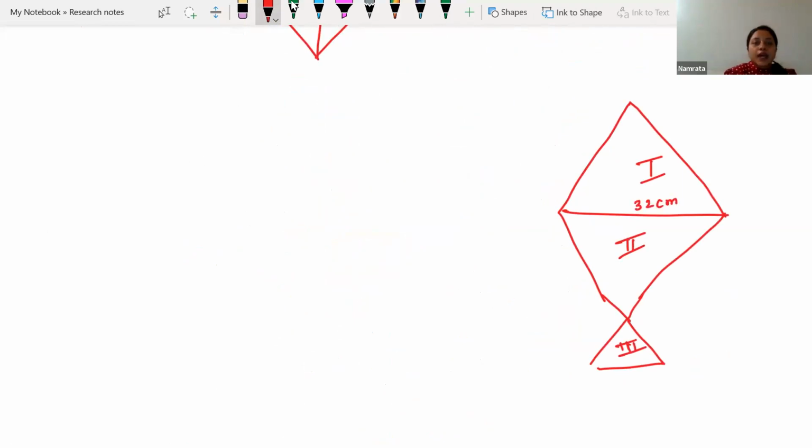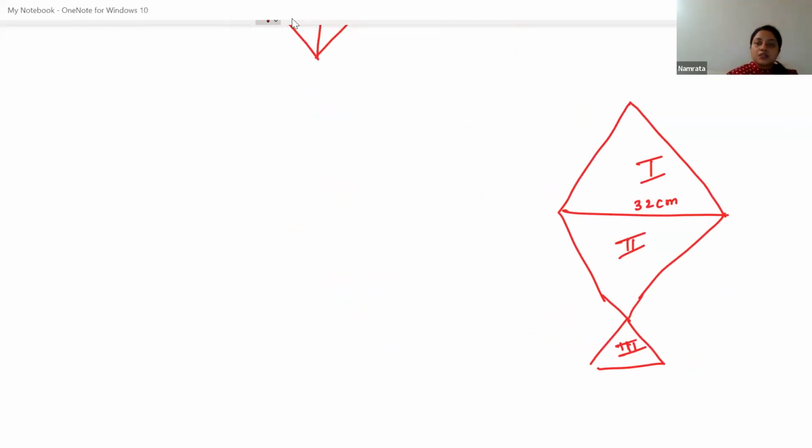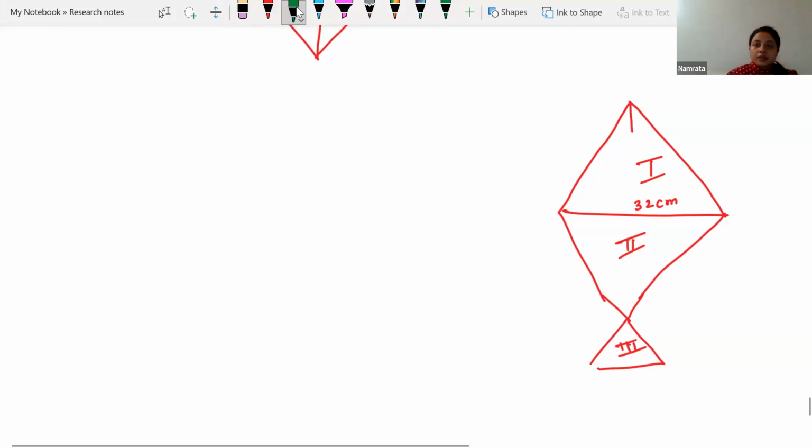So with the help of the diagonal, easily we can say this one is also half of the diagonal, which is also at 90 degree. So it's working as a height also, and it's half of the diagonal. So it is 16 over here.